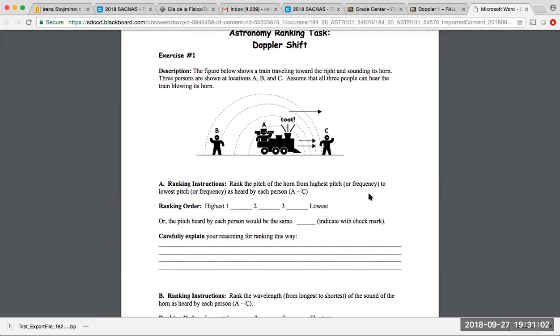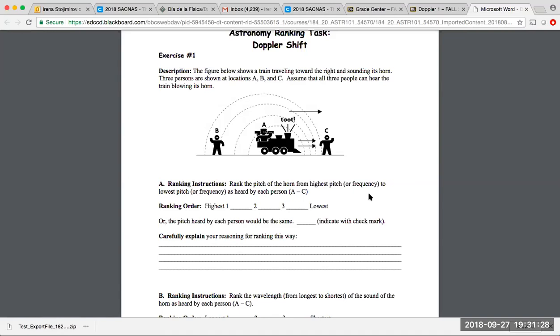All right, so I'm going to read it. So it's going to be A has the highest, C, and then B. Well, it's asking you which one is getting the highest pitch or frequency.